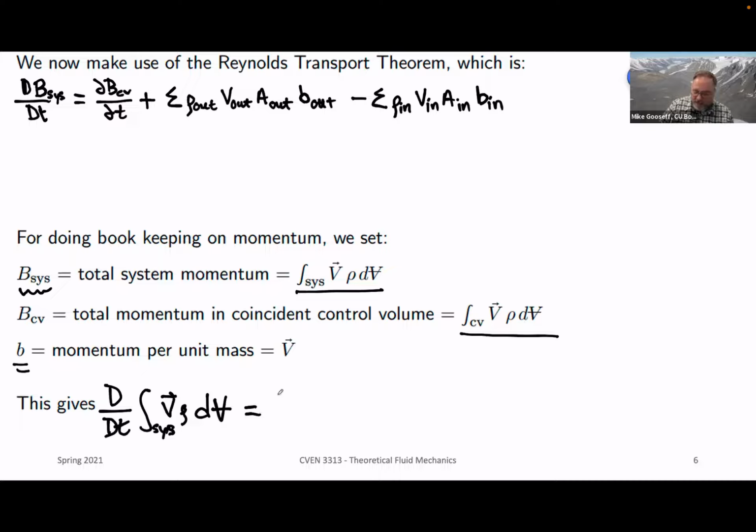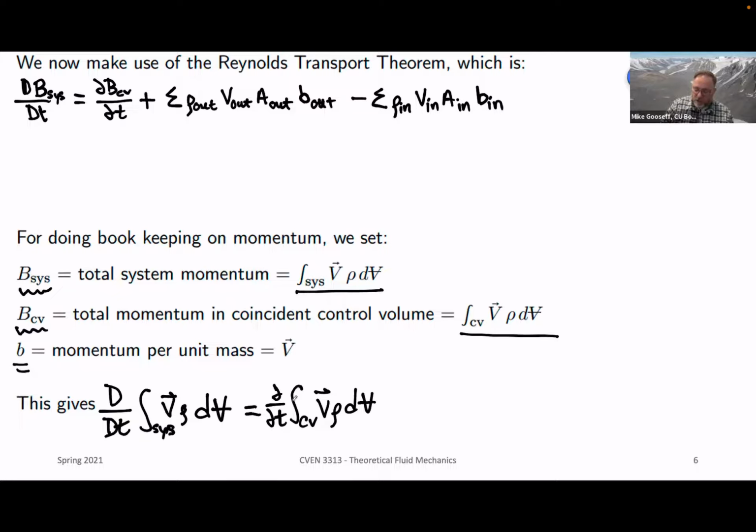The right-hand side now becomes del t, where we replace b_cv with this interpretation, the integral over the control volume of the stored momentum, velocity vector times rho dV.